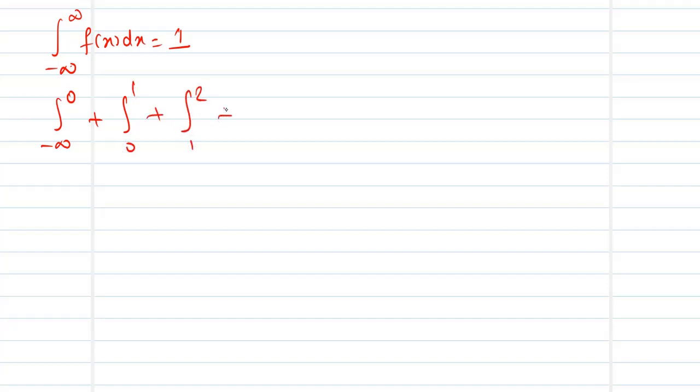We know that the integral from minus infinity to infinity of f of x dx is equal to 1. I am going to split this into parts. Let me write it as minus infinity to 0, 0 to 1, 1 to 2, 2 to 3, and 3 to infinity of f of x dx equal to 1.